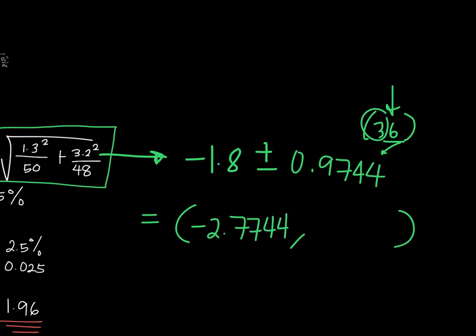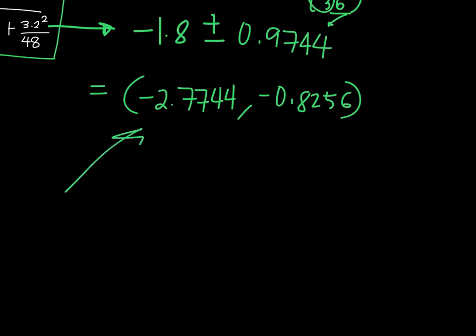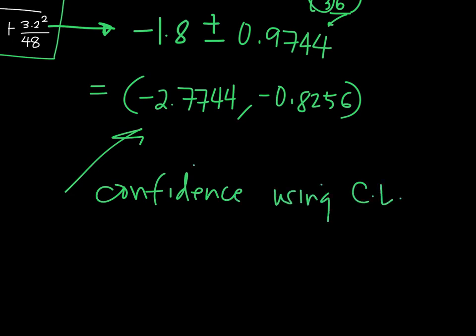And then if I add, negative 1.8 plus 0.9744 will give me negative 0.8256. So this is our confidence interval using a confidence level of 95%.